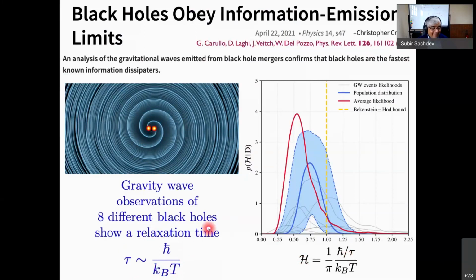This is an empirical observation at this point, but it's not as mysterious as the strange metal, because you can actually see from Einstein's equation that this should be the time that's typical of any black hole. So that should at least give you some idea of why there's a connection between black holes and quantum criticality. They all have this Planckian time.